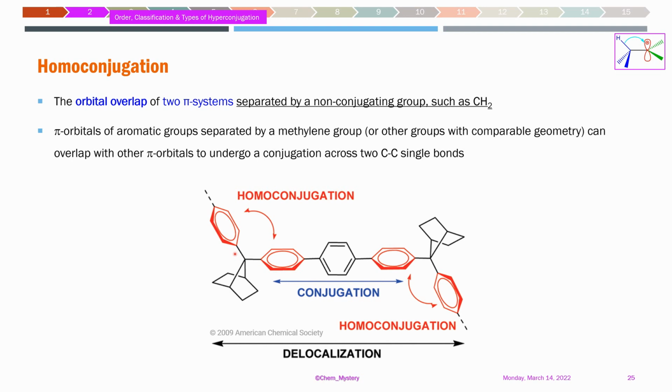So these orbitals can have delocalization, which is classified as homoconjugation. In such a case, we draw the orbitals: some orbital present over here like this, and some orbital present over here, something like that.